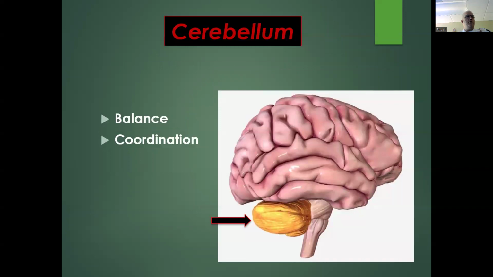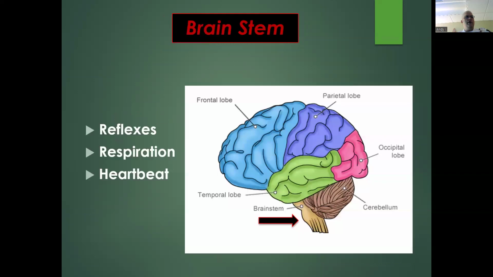Now, the cerebellum, the little piece down in the bottom, that controls your balance and your coordination. All right, and then the brainstem, this controls your life. This is your reptile brain. This is designed to keep you alive.